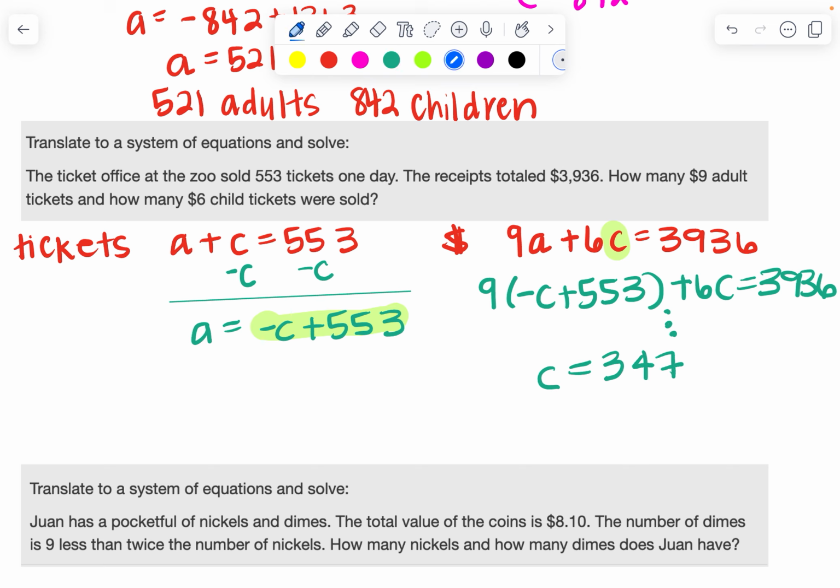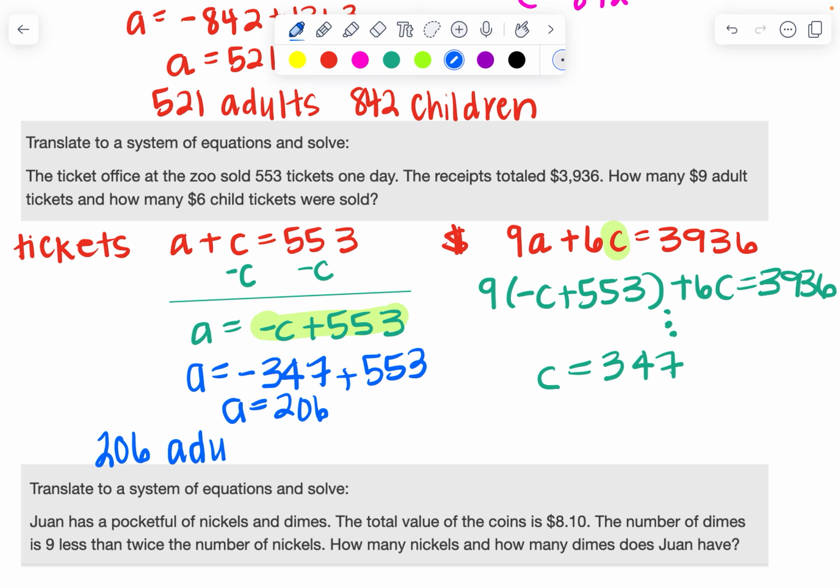And if I plug that in here, negative 347 plus 553 tells me that A is 206. So we have 206 adults and 347 children.